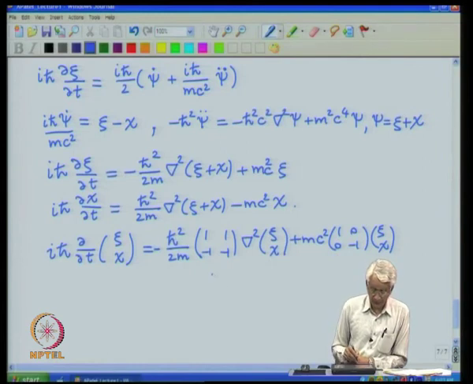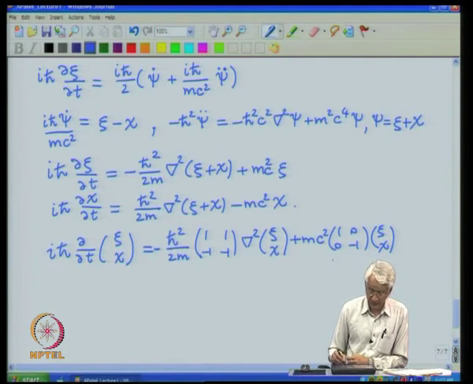So, to be able to do that, we need to decouple these two equations, so that one will have one degree of freedom completely independent of the other, instead of the relativistic corrections here which are mixing up the two degrees of freedom. And in order to do that, we have to look at the various matrices which appear over here and diagonalize them.